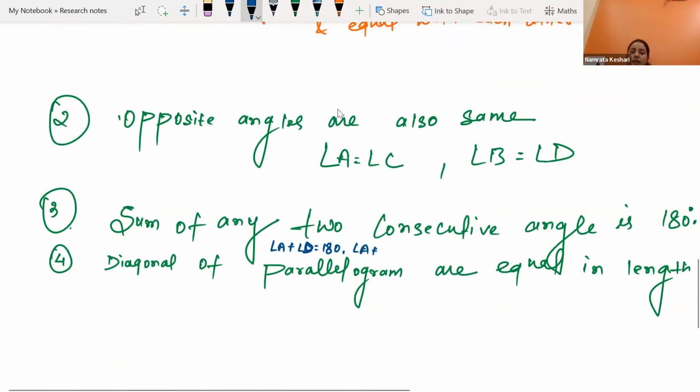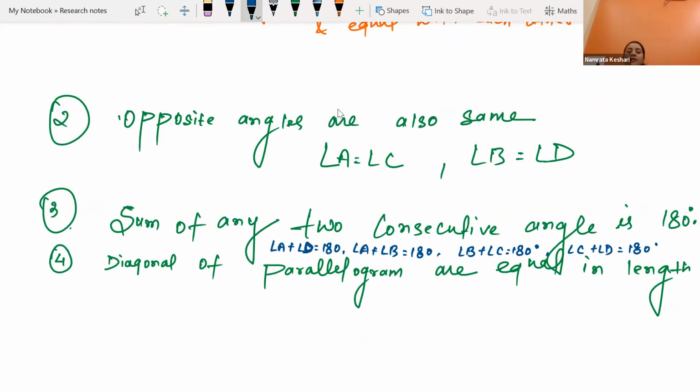Angle A plus angle B is also 180. Similarly, angle B plus angle C is 180. And angle C plus angle D is also 180. You can write this for your clarity of what consecutive means: next to each other. What are the two angles? So this you can write over there.